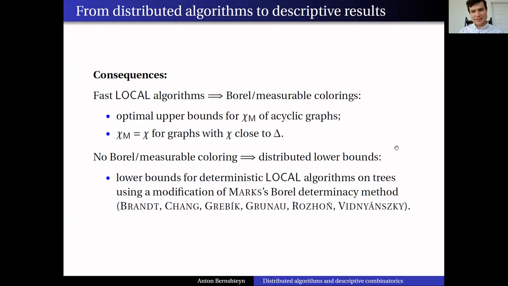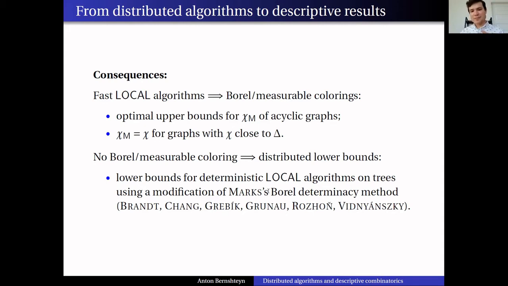And there's been some exciting recent work by this group of authors who used this direction, and they designed a new way of proving lower bounds for deterministic local algorithms on trees using a modification of something that's called the Borel determinacy technique, which was invented by Marks to prove that certain combinatorial problems on trees cannot be solved in a Borel way.